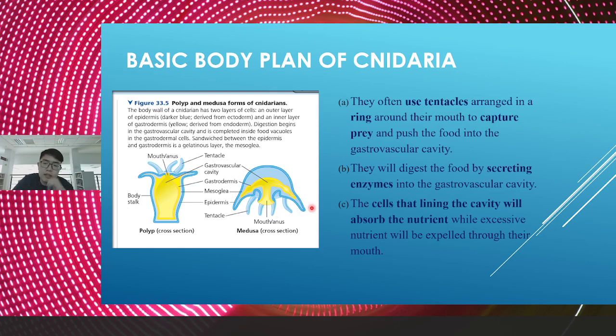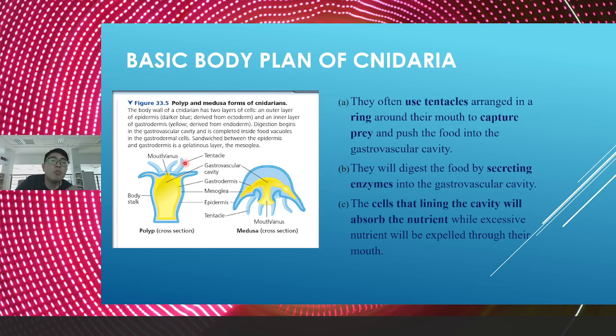Inilah. They will arrange in a ring around their mouth. So normally if you see, the tentacle structure is around the mouth of the organism. So this makes it easy for the tentacle to push the food into the gastrovascular cavity. So mereka makan makanan menggunakan tentacle.